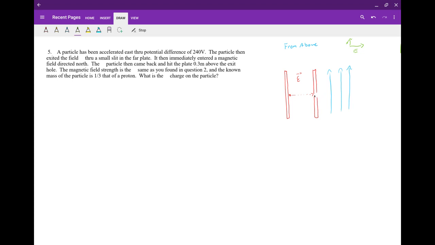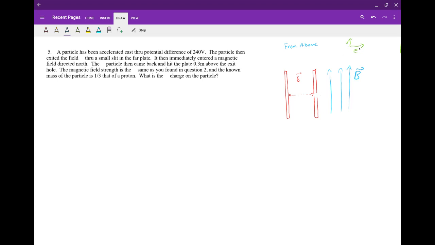If I want to figure out what happens to this particle in this magnetic field, I point my fingers in this direction and my thumb in that direction. According to the right hand rule, the force it experiences would be up.